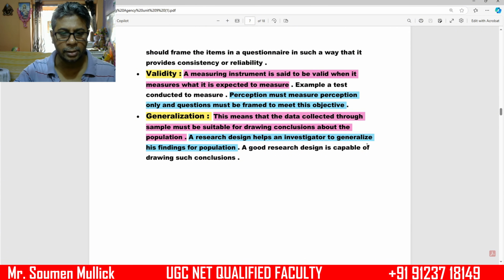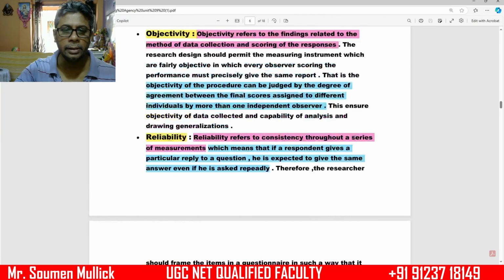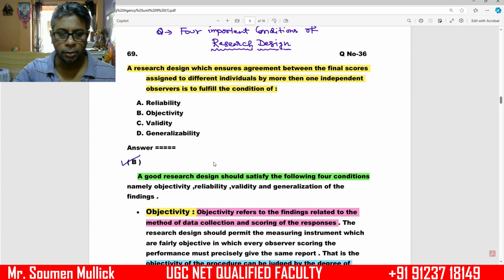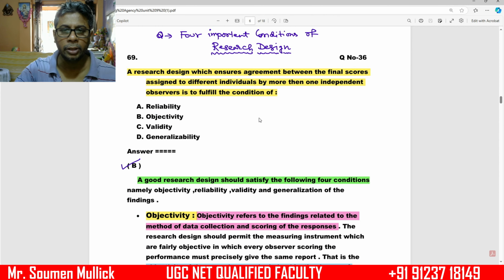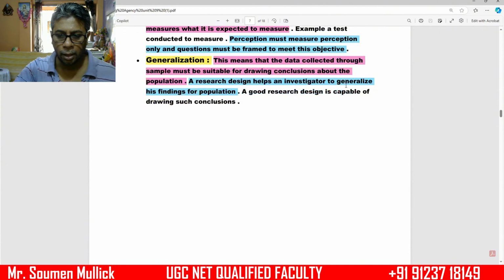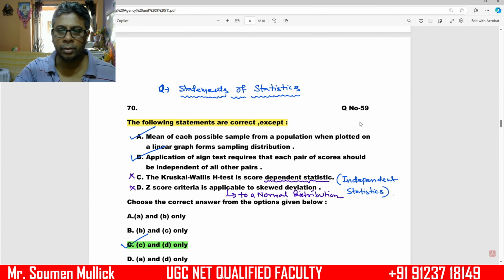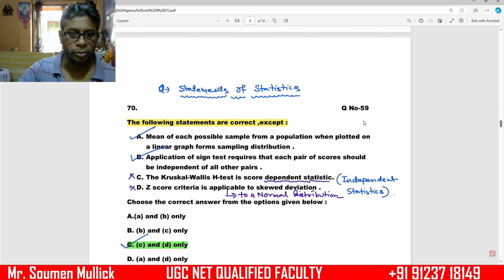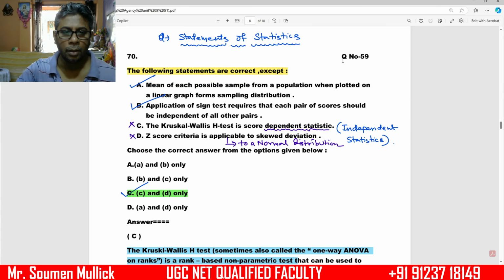Our next question is question number 59. This question is based on statements of statistics. Number 1, A. Means of each possible sample from a population when plotted on a linear graph form a sampling distribution.